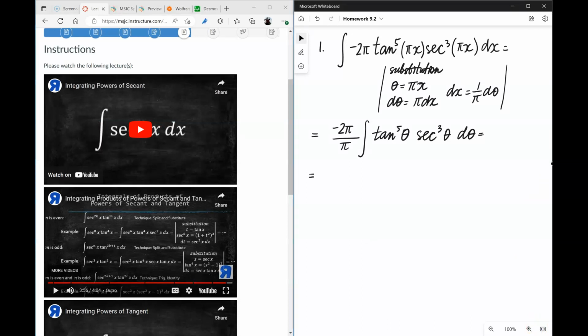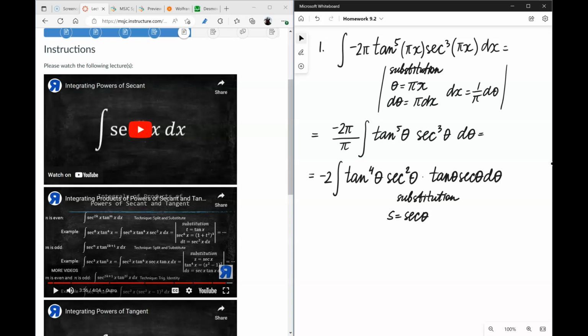And that's exactly what we're going to do. We're going to split and substitute. So the first step is to split. I'm going to pull off a tangent and secant. So we have now tangent theta secant theta d theta. And I'm going to do this substitution. My substitution will be s is equal to secant theta.